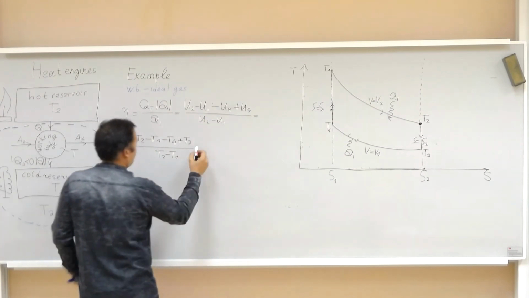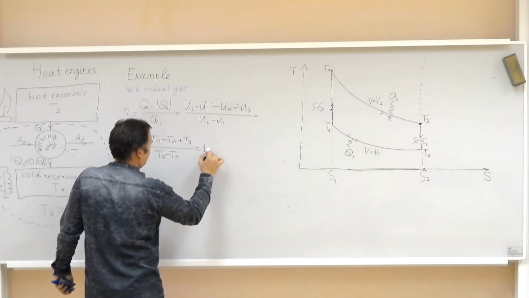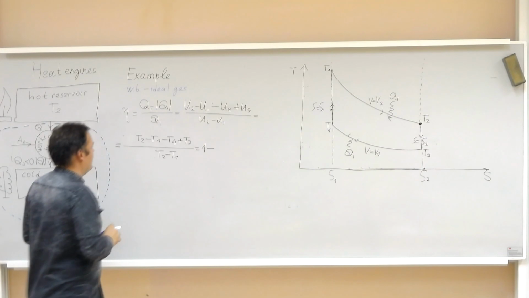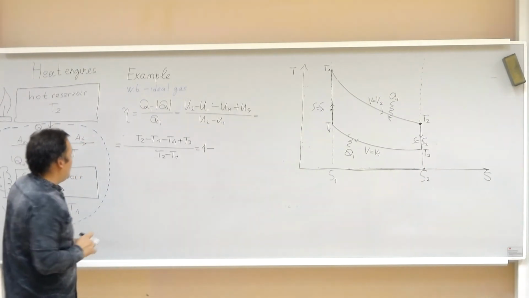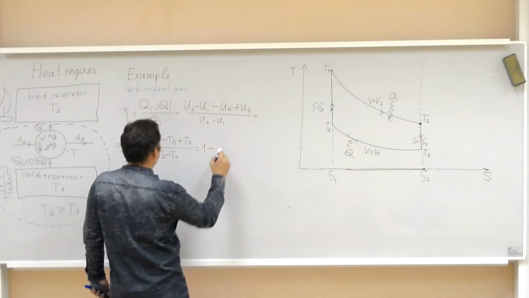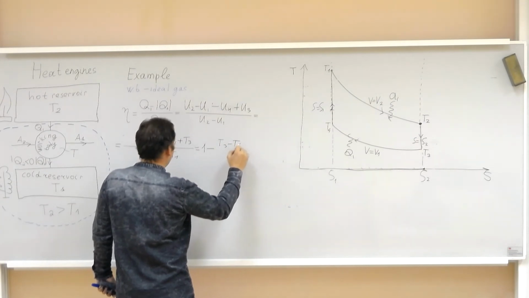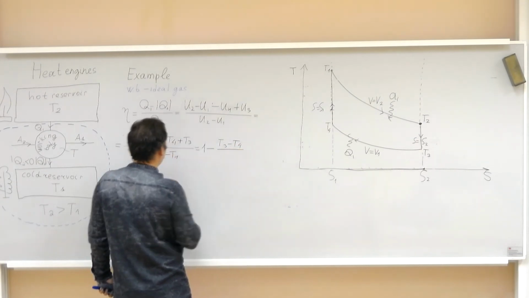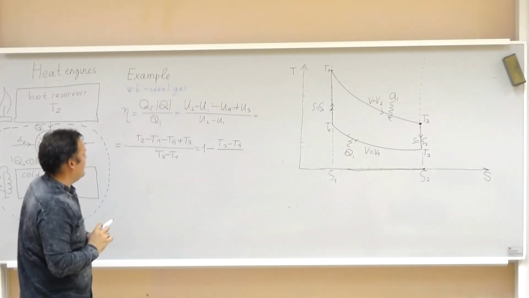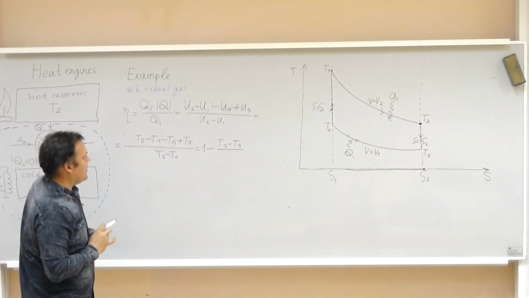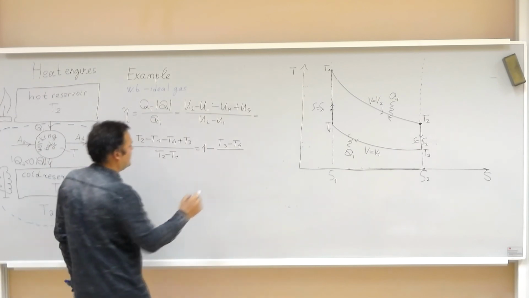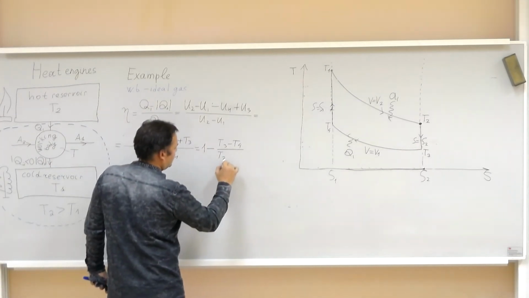And now I see here one minus T3 minus T4 divided by T2 minus T1.